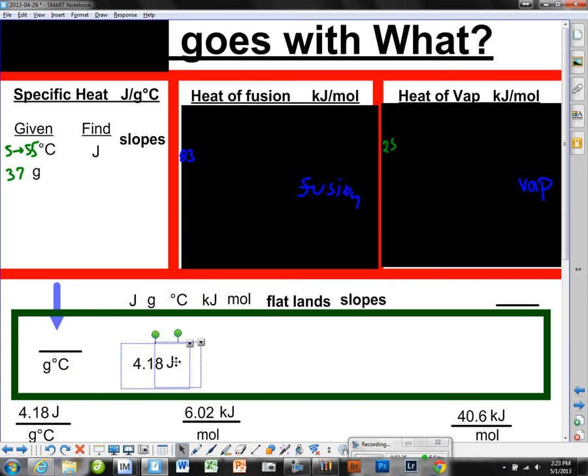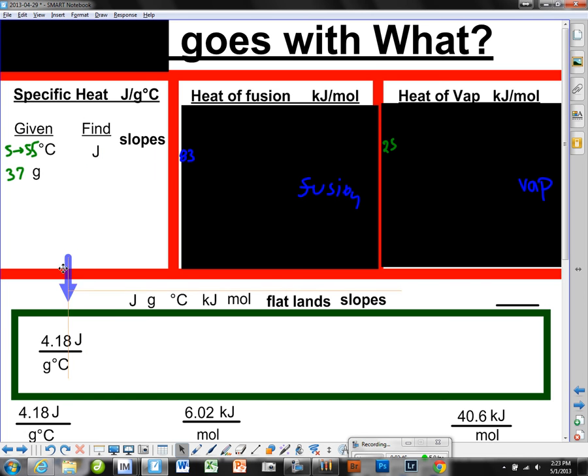So if I'm turning this fraction upside down, when I put the joules on the bottom, the 4.18 goes with it. But in this case, 4.18 is on the top because why? We're looking for joules. Good.